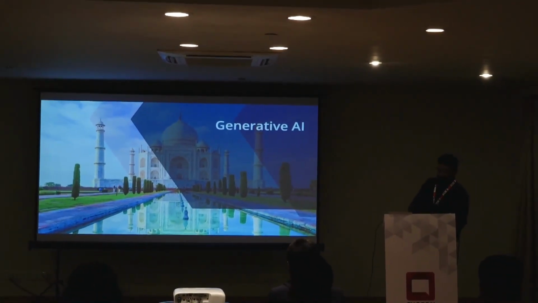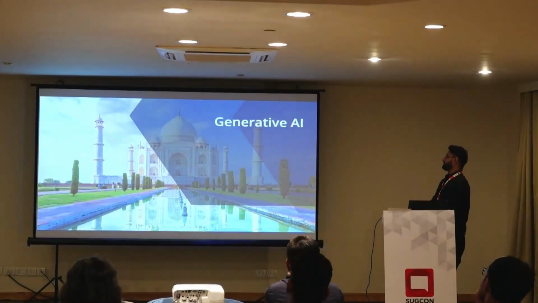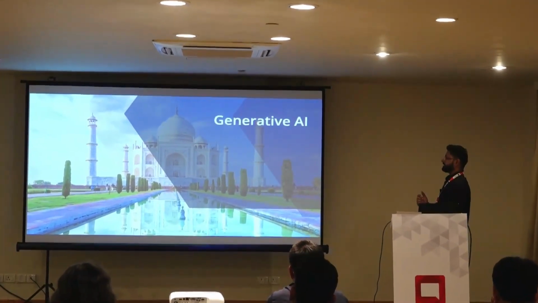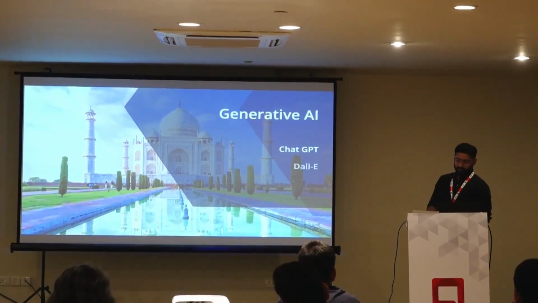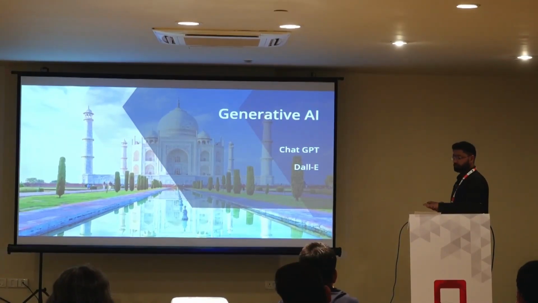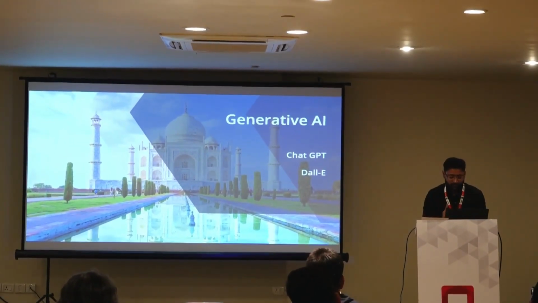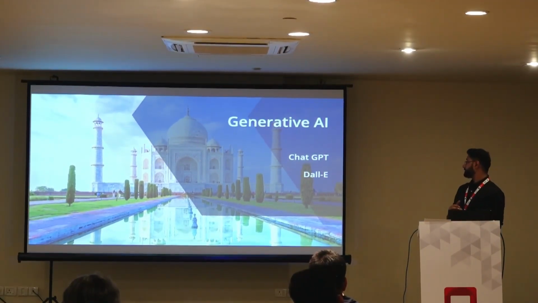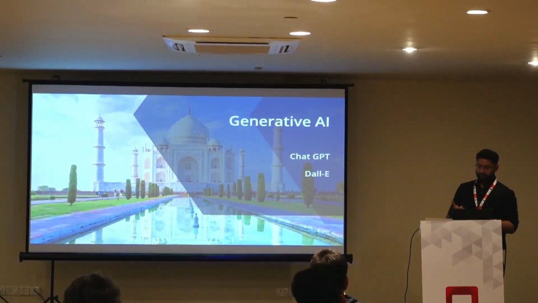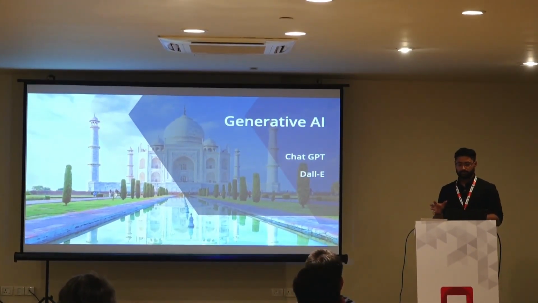Okay, because our topic is based on content creation using ChatGPT and DALL-E, we'll be using these two tools here. And why we are using these two tools is because of the capability they give us. If you see ChatGPT, if you say hi there, it will respond based on your question, right?